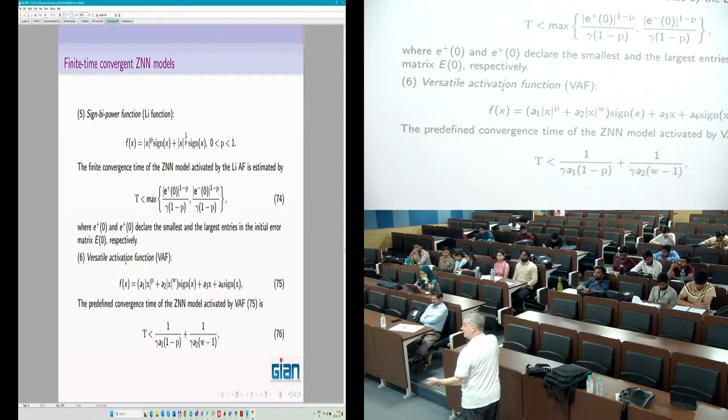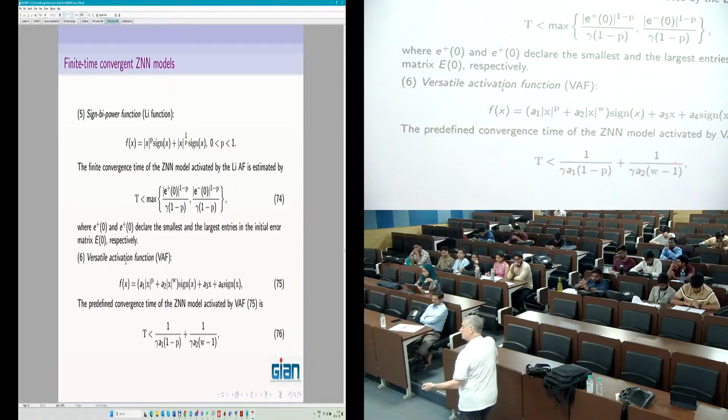Finally, we can see in 76, A3 and A4 have no influence on this estimation. A1 and A2 are important, and powers P and W are important. 1 by P means that P should be less than 1.